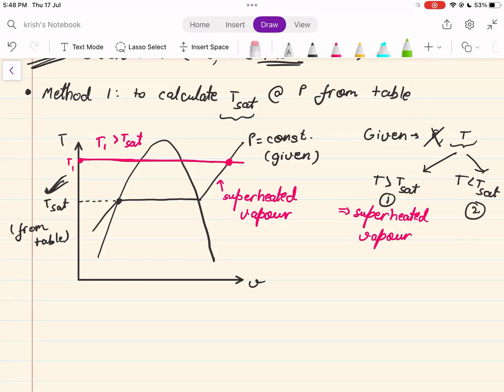Now this is case 2, where T is less than Tsat. This is T2 and T2 less than Tsat. Again, if we do the same horizontal line method, we see that the temperature line and the phase line intersect at this point. And we know that this is the subcooled line or compressed line. So that means the substance is subcooled or compressed liquid, which implies we get compressed liquid.